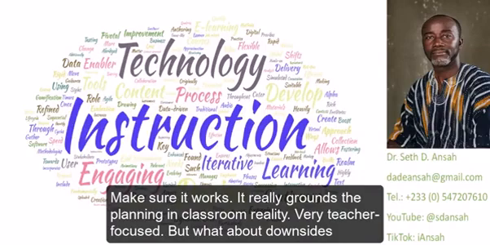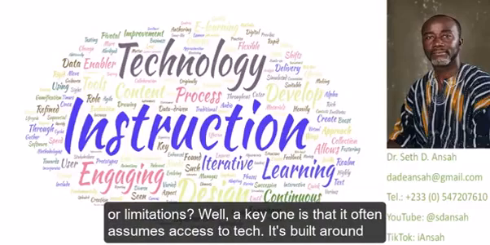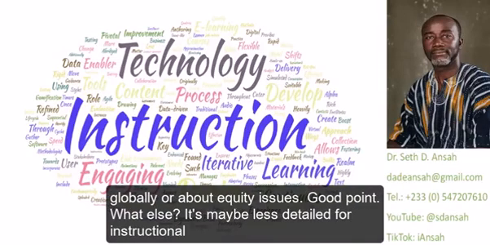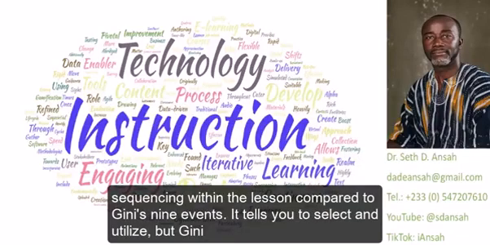Very teacher-focused. But what about downsides or limitations? Well, a key one is that it often assumes access to tech. It's built around using media and technology, which might not be realistic in all classrooms or for all students, especially thinking globally or about equity issues. Good point. What else? It's maybe less detailed for instructional sequencing within the lesson compared to Gagne's 9 events.